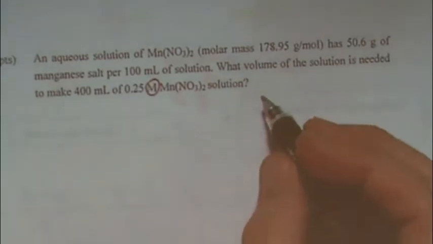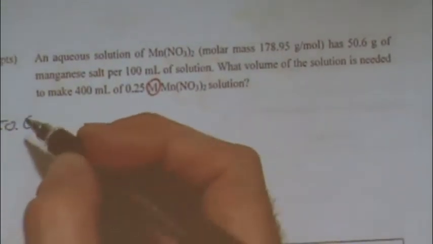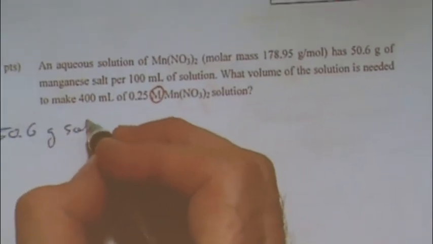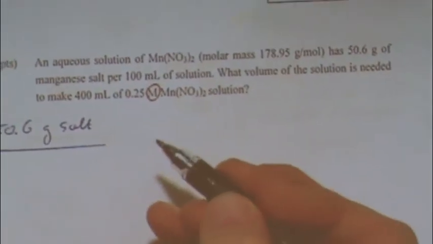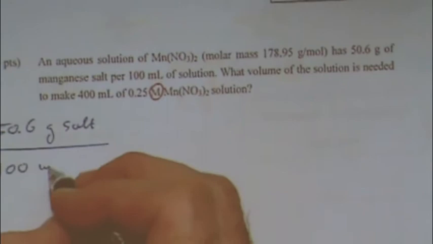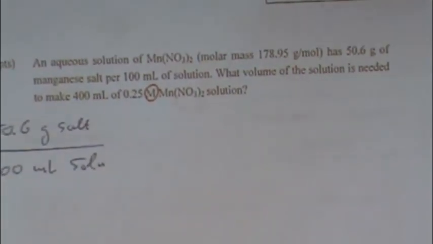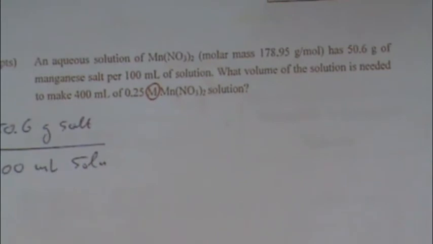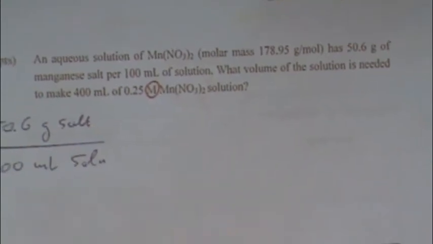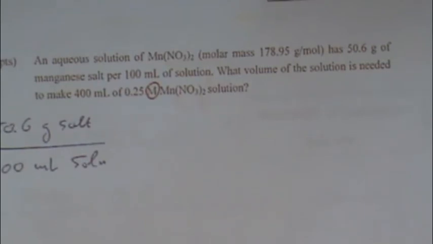What do we know? We have 50.6 grams of salt per 100 milliliters of solution. Don't you think if you have so many grams of salt per so many milliliters of solution, you already know the molarity of the solution?